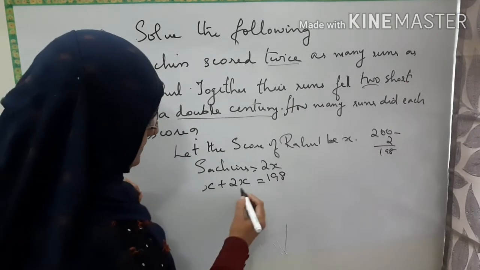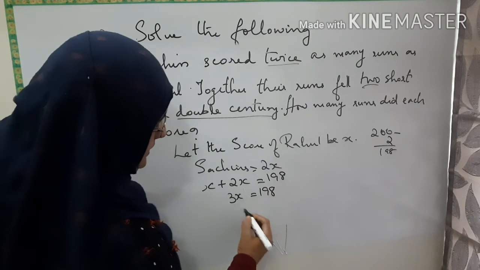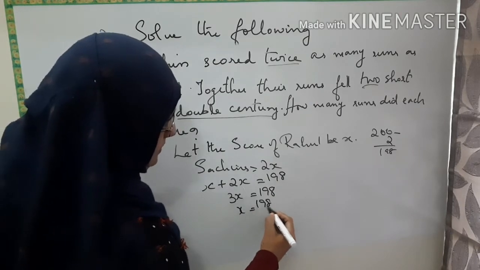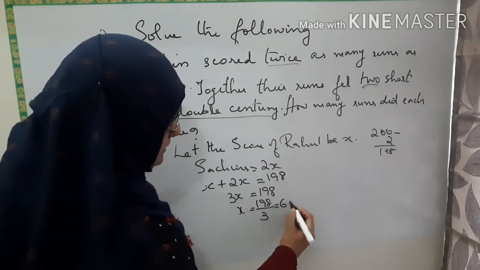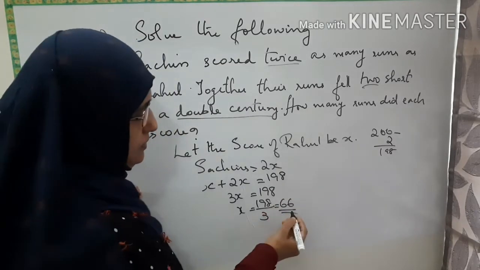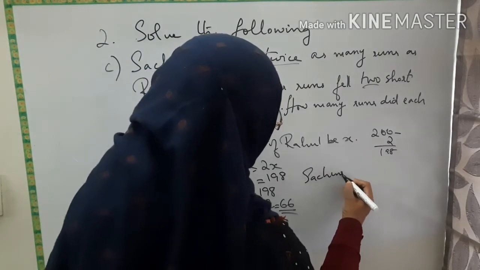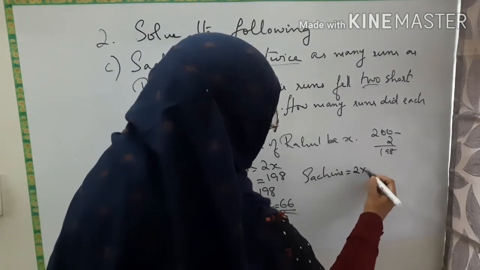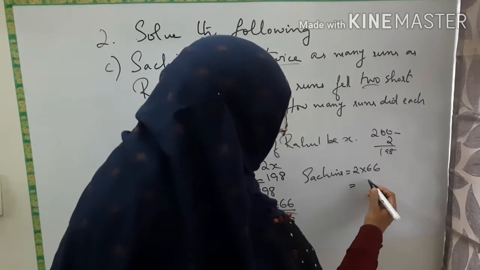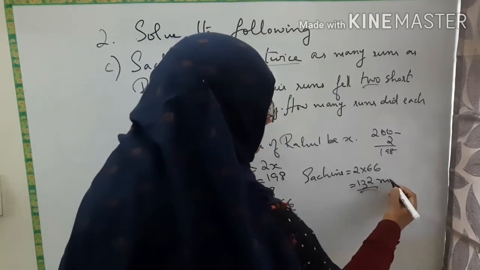Now you solve it. x plus 2x, it is 3x. So x equals 198 by 3, that is 66. x is the score by Rahul. Rahul got 66 runs. Then what will be Sachin's score? Twice of that, 2 into 66, that is 132 runs.